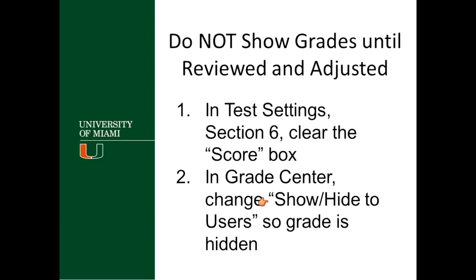If both of those are checked appropriately, if you're hiding the column to the users in the Grade Center and have the test setting so that they don't see the score, then you're covered. Then you can make your changes, and when you're done, you can flip that so that it's now shown to the users, and tell the students that their grades are now in the Grade Center.